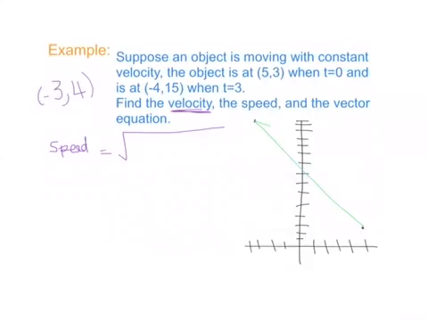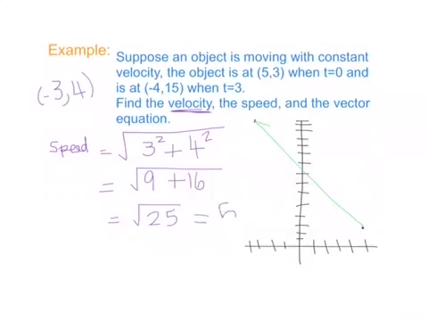So the speed would be negative 3 squared, or 3 squared, because since it's going to be squared, the negative doesn't matter, and 4 squared, and that is 9 plus 16, which is root 25, or 5. So 5 units per 1 second. It's the same as saying like 5 miles per hour, whatever the length is over 1 unit of time.